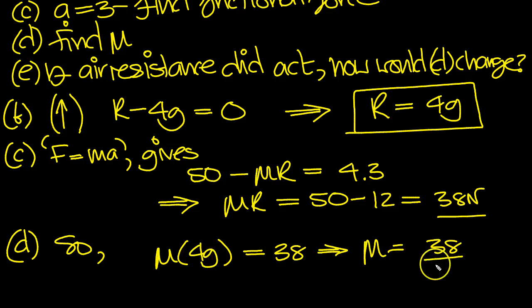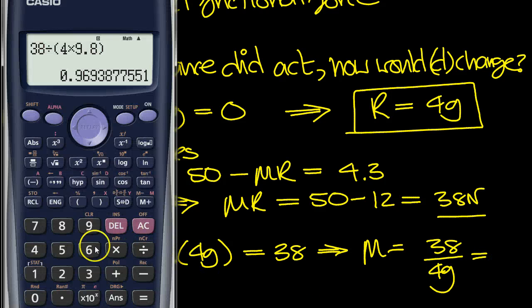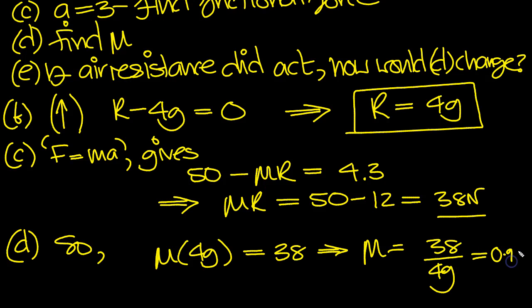Move the 4g from times to divide. 38 over 4g, so 38 divided by bracket 4 times 9.8, close bracket, 0.969 to 3 significant figures. And that was to 3 significant figures. So that's the coefficient of friction, mu.